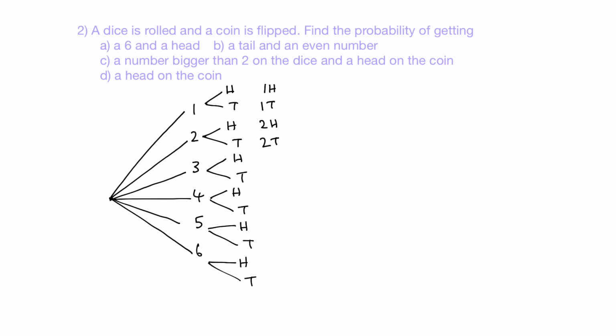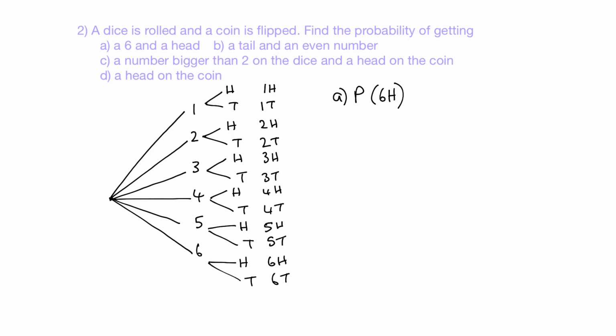Okay, so let's look at these questions then. So part A, probability of getting a 6 and a head. Well, when we list all these, if we just keep going with it, we'd have 3H, 3T, 4H, 4T, 5H, 5T, 6H, 6T.